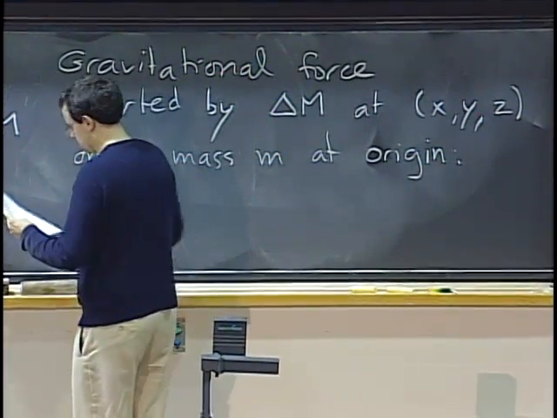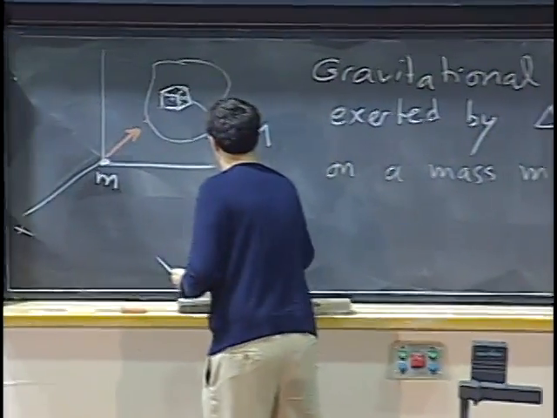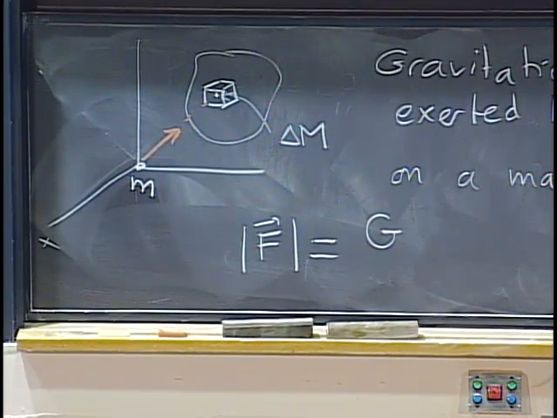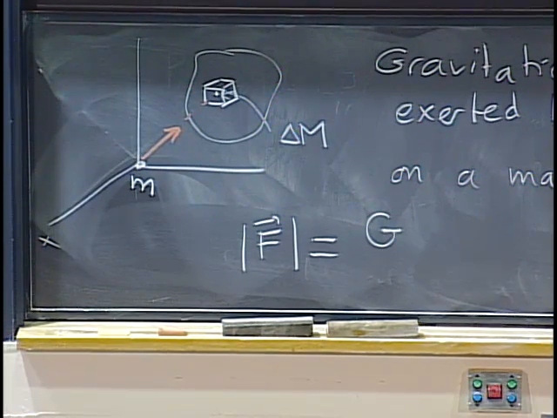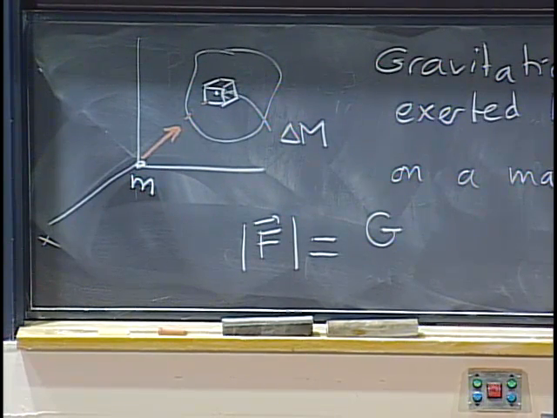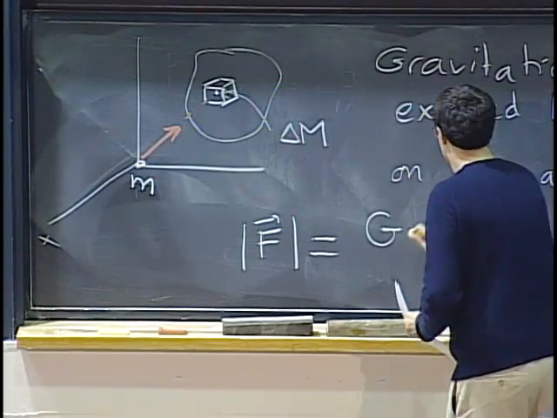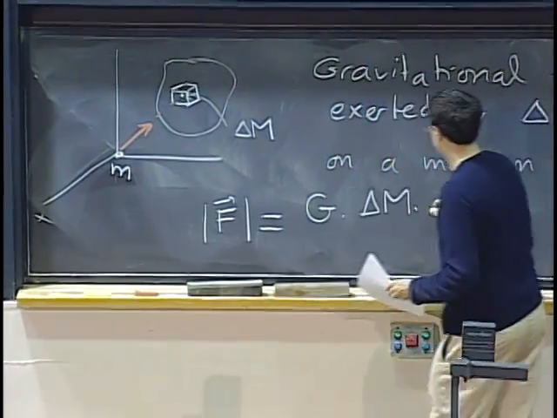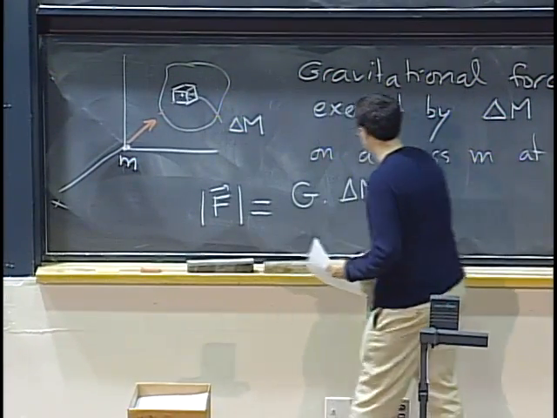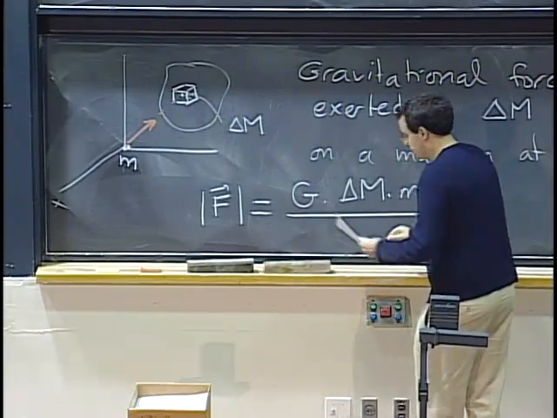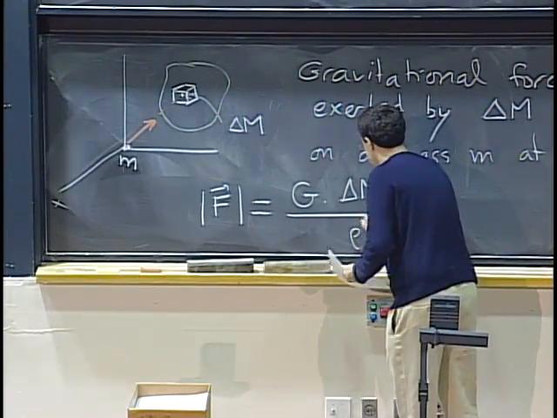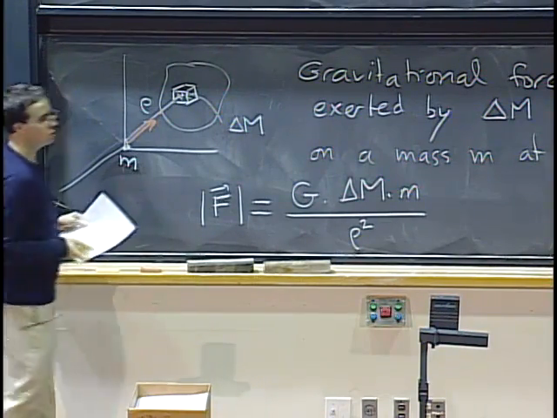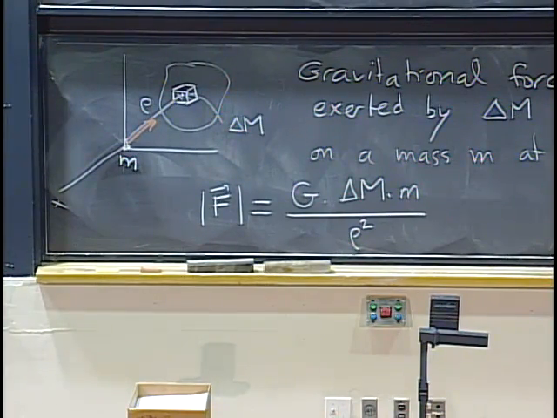Physics tells us that the magnitude of this force is going to be G, which is just a constant. It's the gravitational constant, and its value depends on which unit system you use. Usually it's pretty small. Times the mass delta m times the test mass little m divided by the square of the distance. And the distance from you to that thing is conveniently called rho, since we've been introducing spherical coordinates.